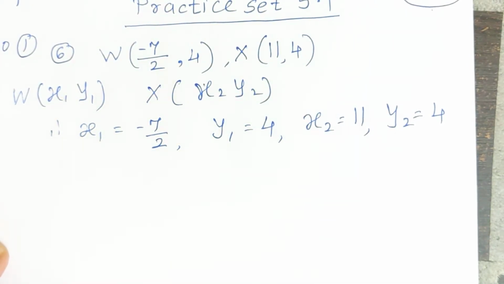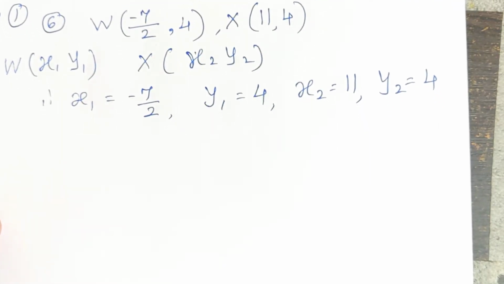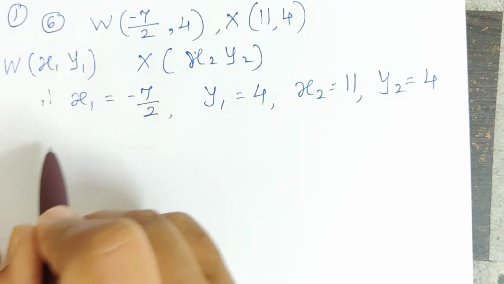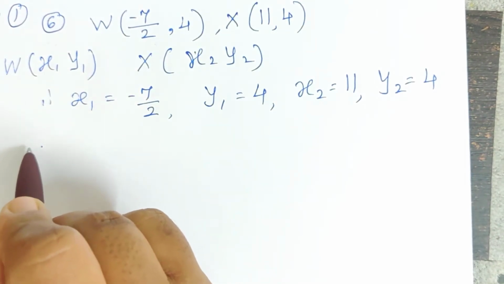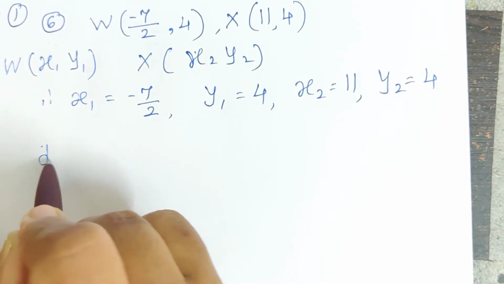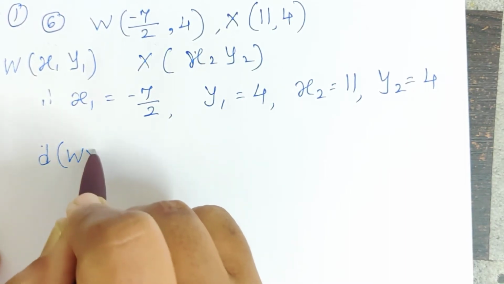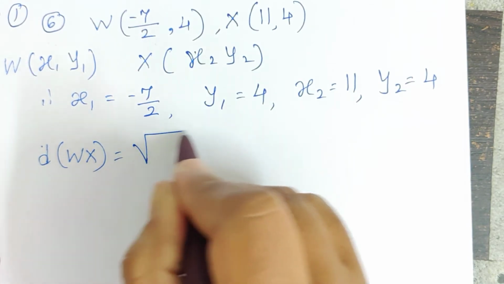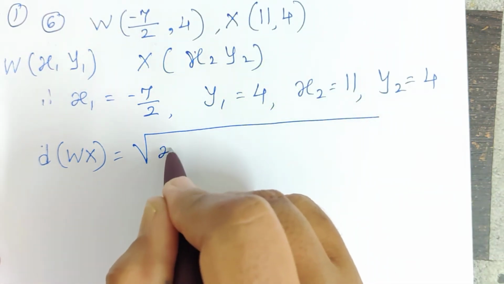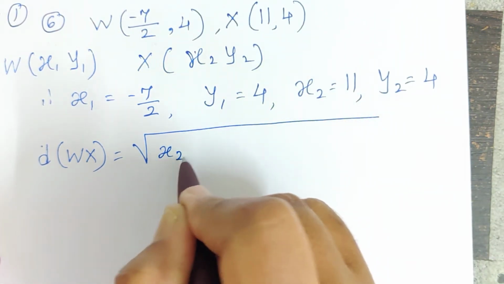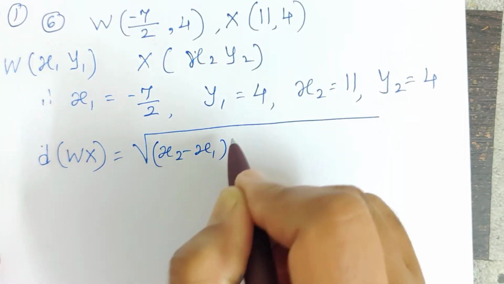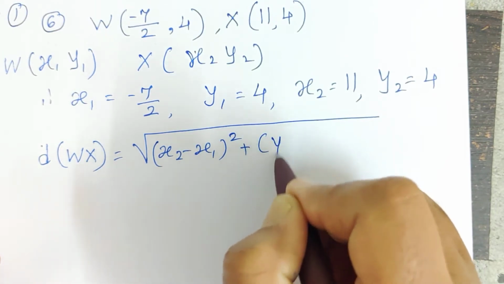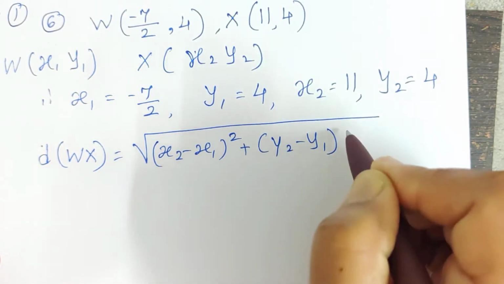After this you will use the distance formula. For every example you have to write the formula. So we have to find the distance of WX. Distance of WX equals under root (x2 minus x1) bracket square plus (y2 minus y1) bracket square.